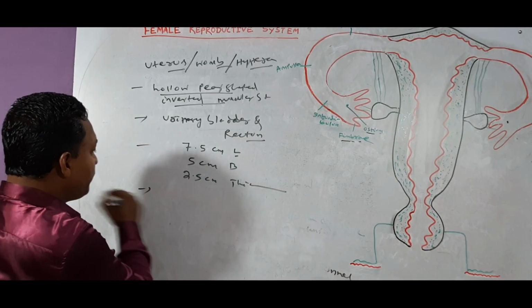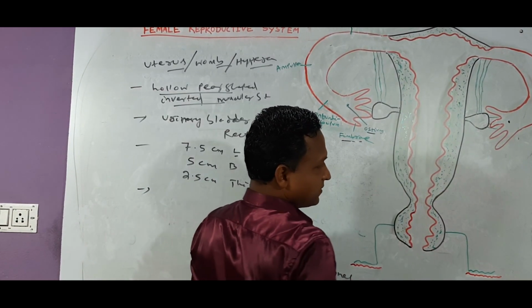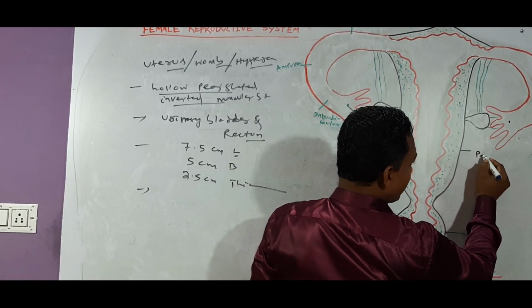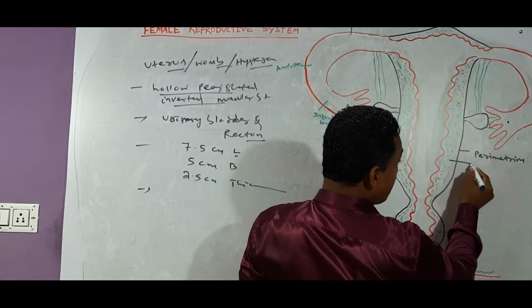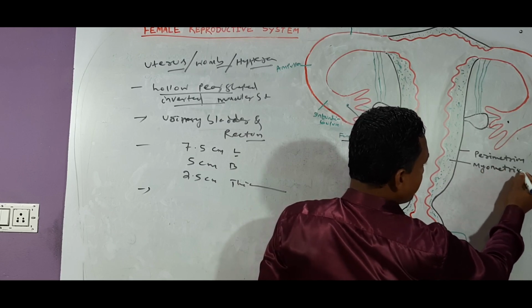The uterus is composed of 3 layers. The outermost layer we can call the perimetrium. The middle muscular layer is called the myometrium.